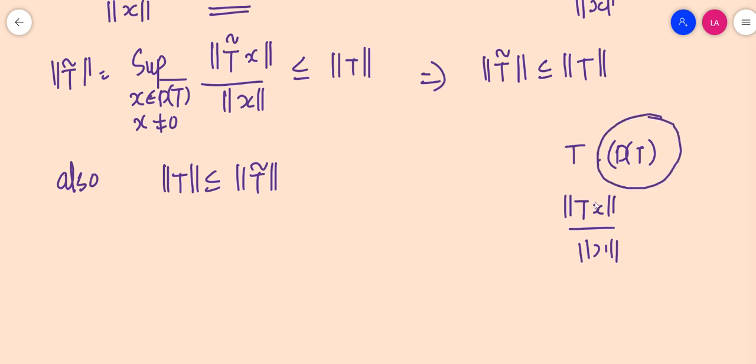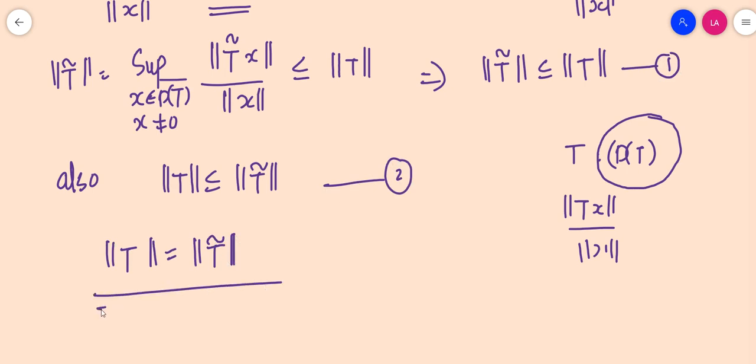Clearly the supremum which is defined on the superset is always greater than the supremum which is defined on the subset. So clearly norm of T should be less than or equal to norm of T tilde. From equation 1 and equation 2, we can clearly understand that norm of T should be equal to norm of T tilde.